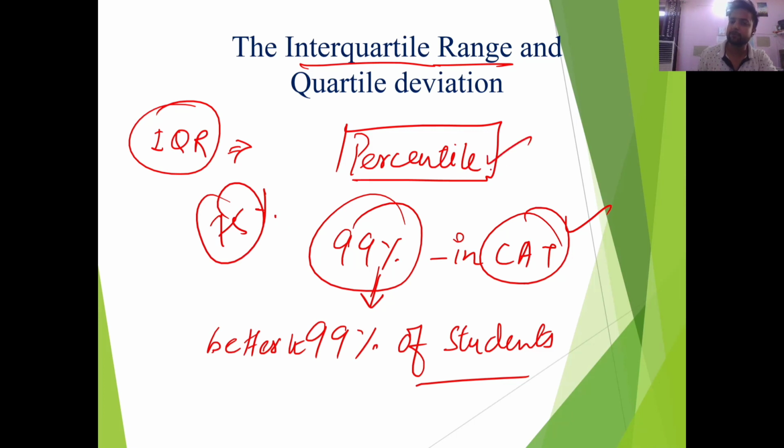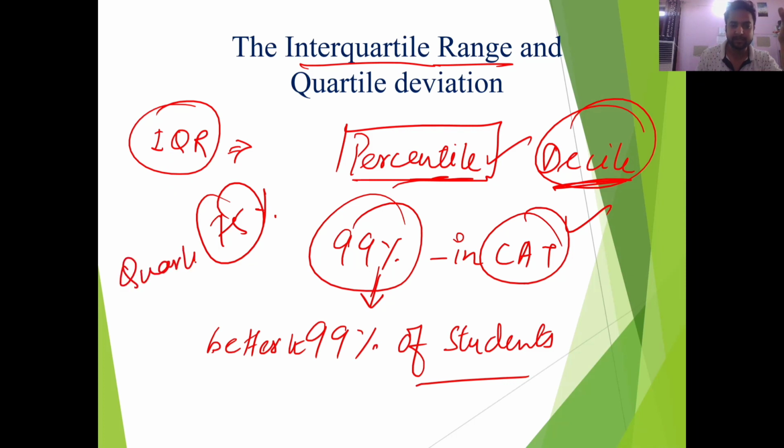In a similar fashion, percentile comes from percent. Decile is there; decile means out of 10. Then we come to quartile. Quartile basically relates to quarter, and a quarter is 1/4 of something. If we are talking about 100, how many quarters can there be? Definitely 4.